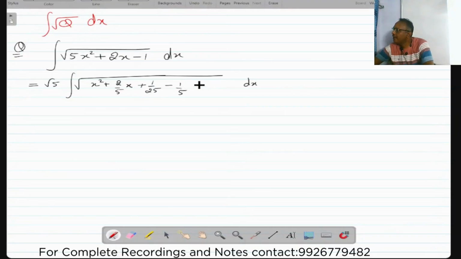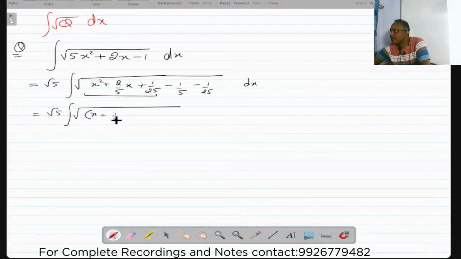Add a 25, subtract a 25. So this will become root 5. How much is this? x plus 1 by 5 whole square.